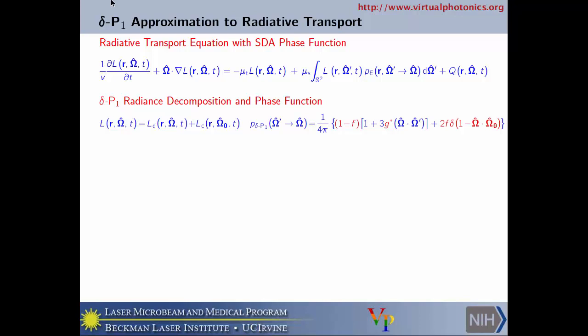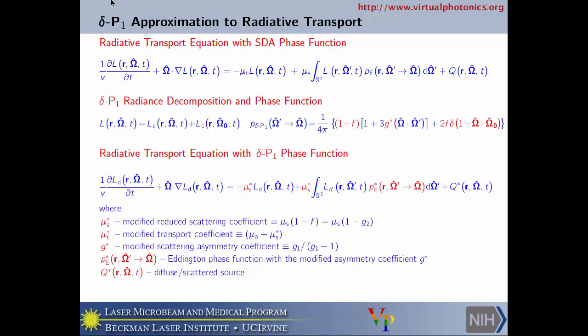And therefore, you get a reduced asymmetry coefficient, which we call G star. And we'll see that in all cases, G star will be less than G, okay? And this gives you another kind of handle by which you can represent highly directed light fields.